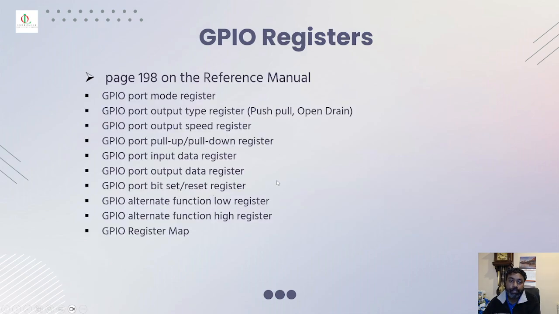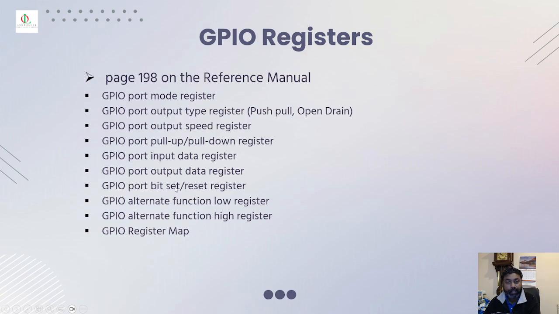These are all the registers you will be learning briefly in a while. There is the GPIO port mode register. There is the GPIO port output type register. As we learned there are two different types, push pull and open drain. There is the GPIO port output speed register, the pull up pull down register, the input data register, and the output data register.